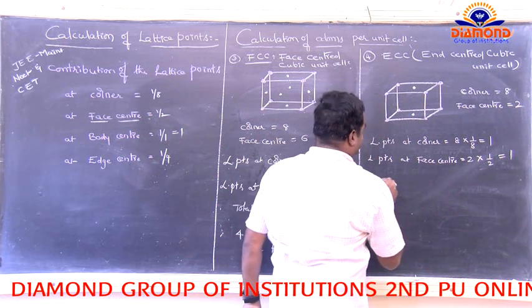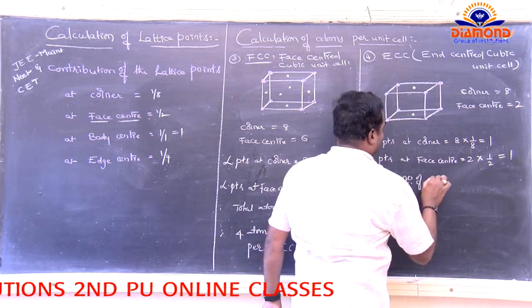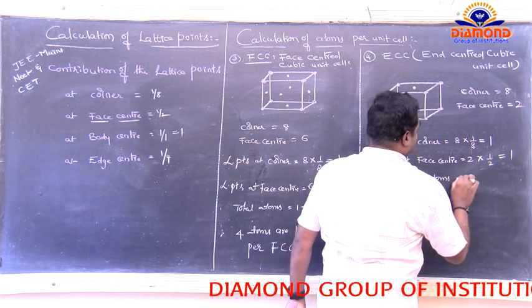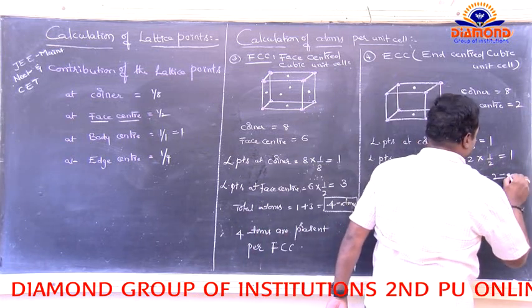Therefore, the total number of atoms is equal to 1 plus 1 is equal to 2 atoms.